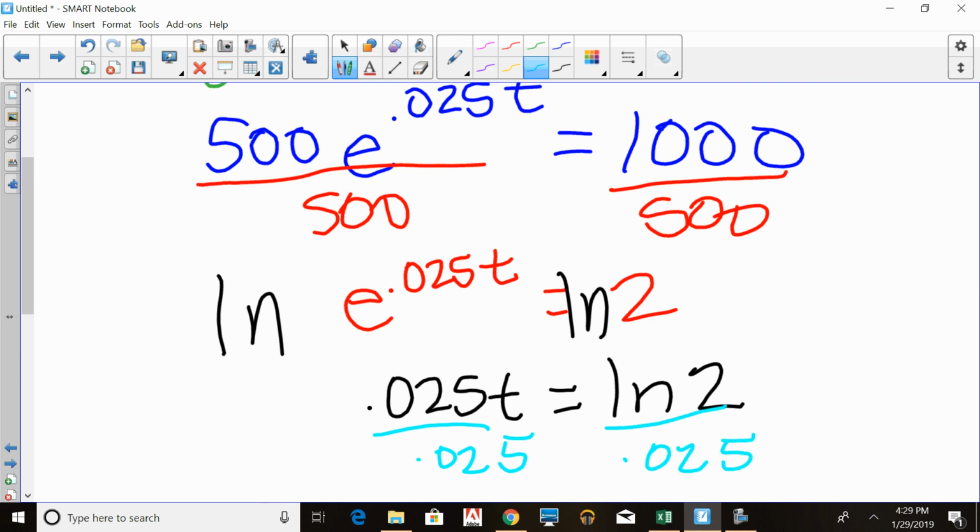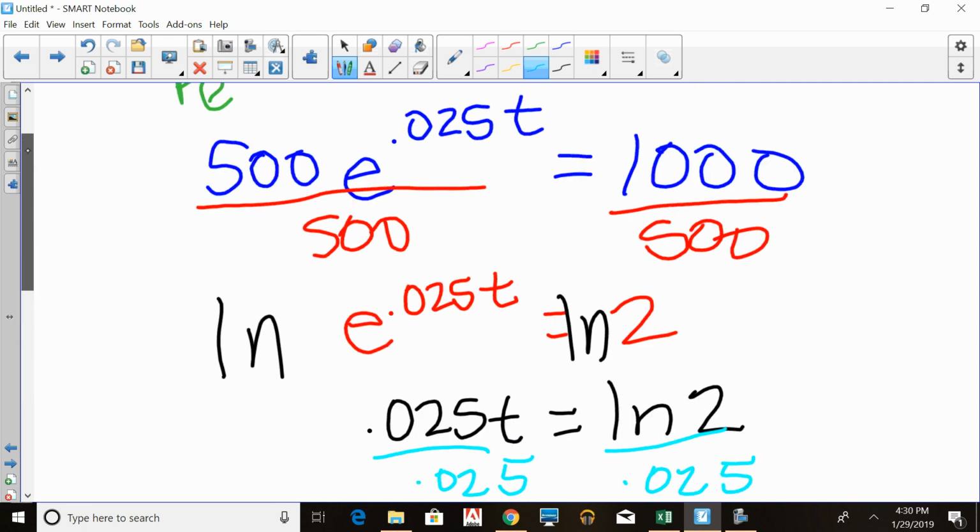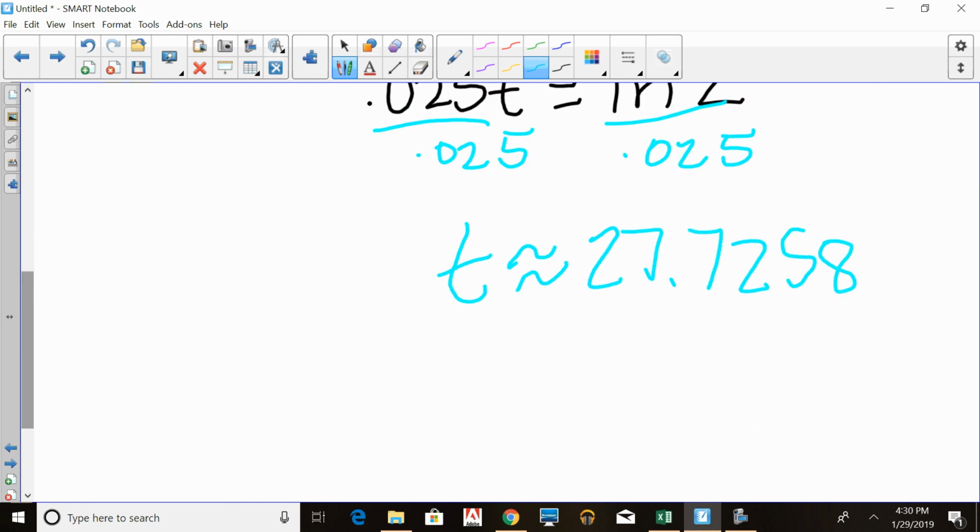And ln of 2, first off, is 0.693147181 divided by 0.025 equals, so t is approximately 27.7258 years. So we would say 27.7 years.